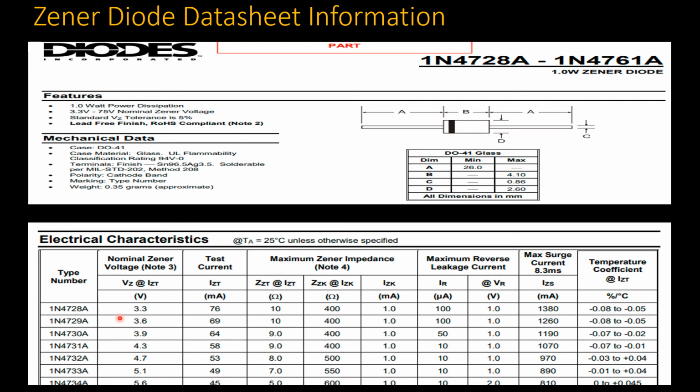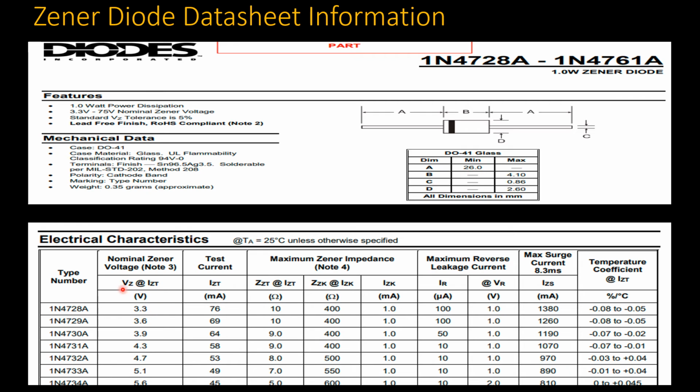Now we will talk about the electrical characteristics of these Zener diodes. In our example, I am taking the 1N4728A part, which is a 3.3 volt Zener diode. If we observe Vz, the breakdown voltage is 3.3 volts. That means it allows the current in the reverse bias region after it reaches 3.3 volts at the cathode terminal.